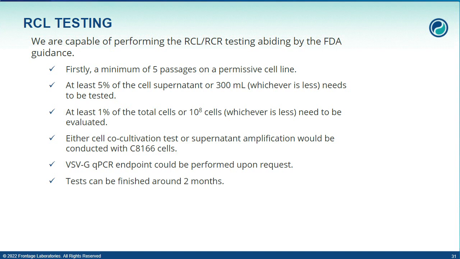Either cell cultivation test or supernatant amplification will be conducted with CE-8166 cells. VSVG Q-PCR endpoint can be performed upon request, and the test can be finished around 2 months.